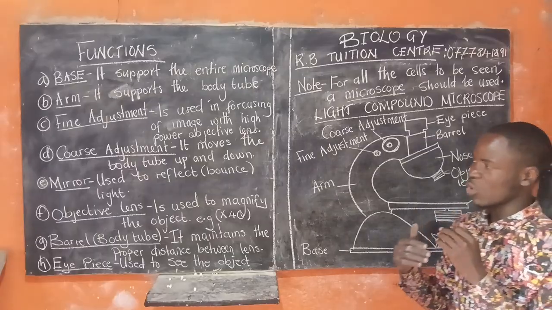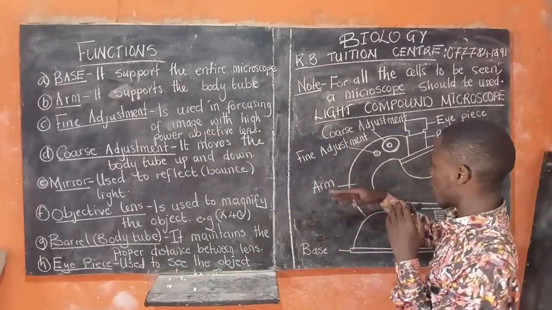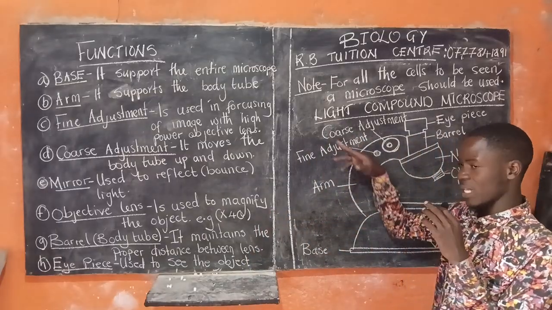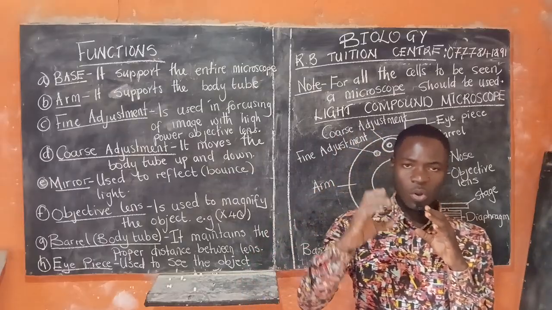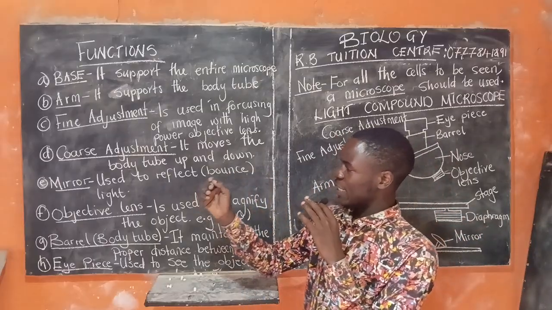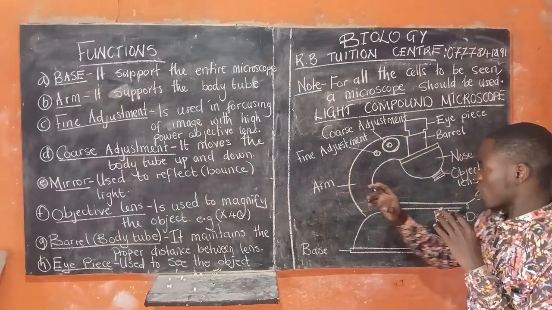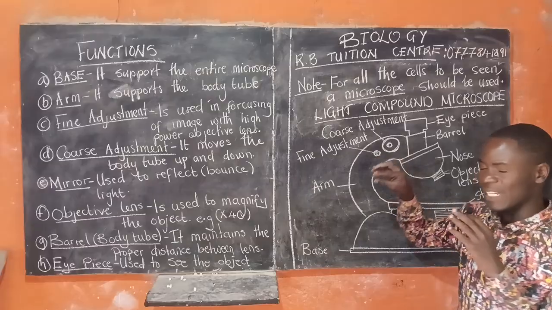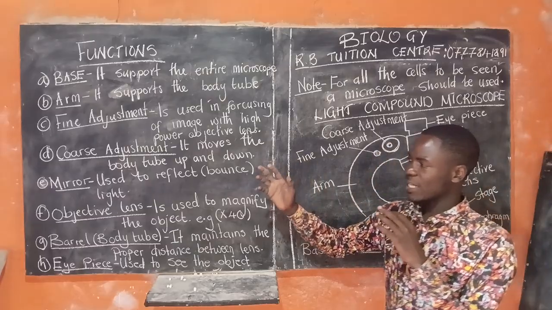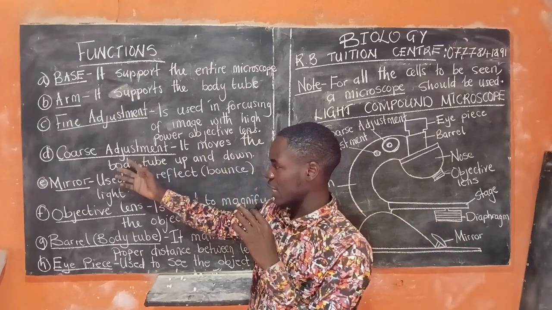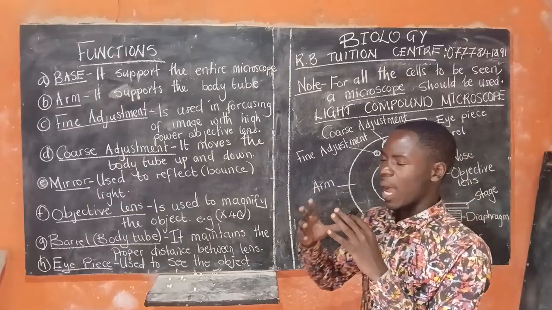Then we have the coarse adjustment. The fine adjustment and the coarse adjustment are called the knobs. They are differently shaped; the fine adjustment is smaller than the coarse adjustment. The function of the coarse adjustment is to move the body tube up and down.